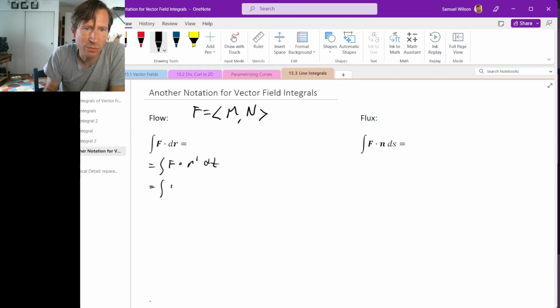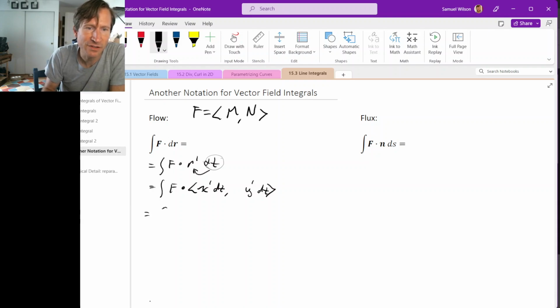Another way to write that would be F dot, and r prime is x prime comma y prime. And if we felt like it, this is a weird thing to do at first, but we could treat this dt like a scalar, which it is. It's an infinitely small scalar, and do the scalar product with r prime. And that would put a dt right here and right here.